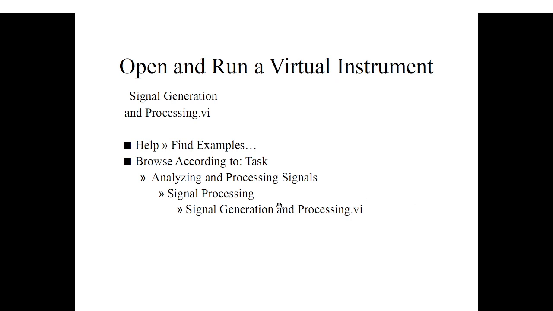And next, we need to process it in the virtual instrumentation. If you have any doubt, go for help and find examples of the programs. Next, browse according to task, analyzing and processing signals, signal processing, and next signal generation and processing VI.